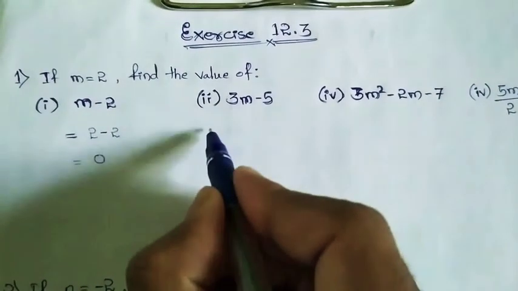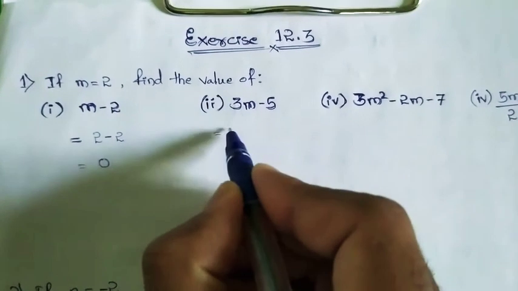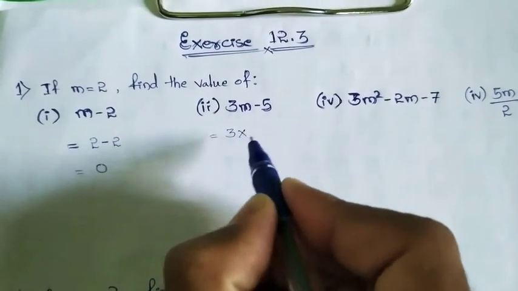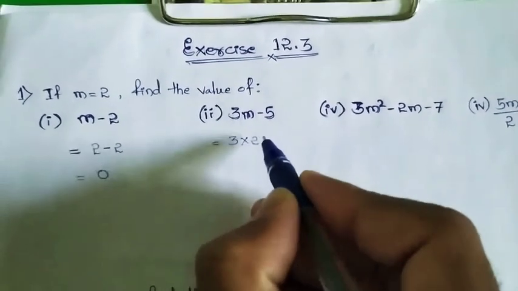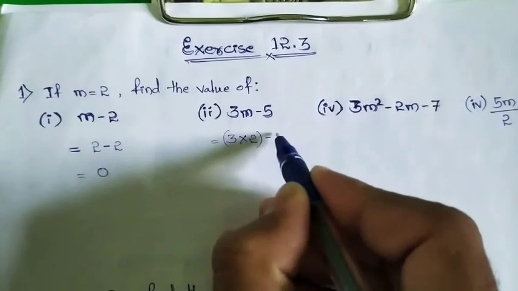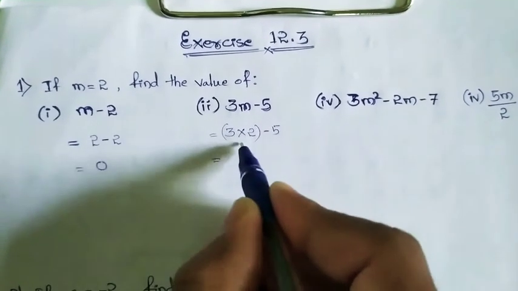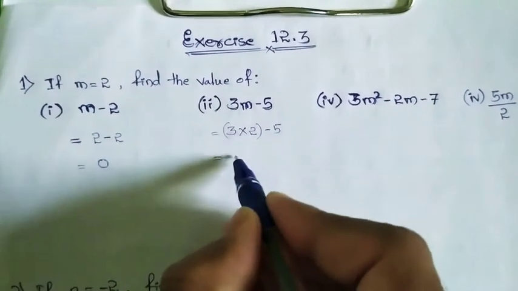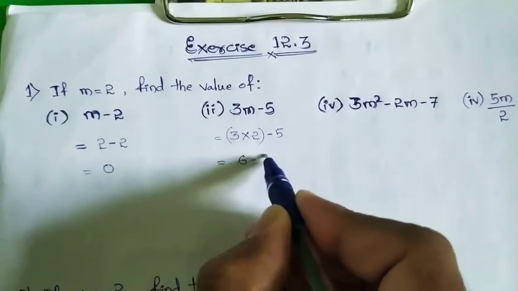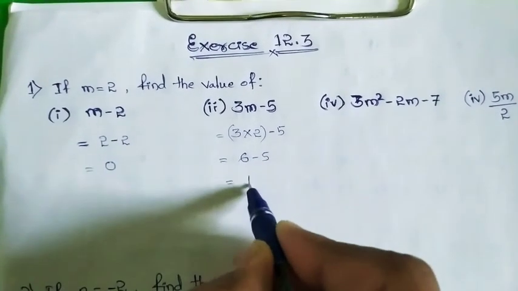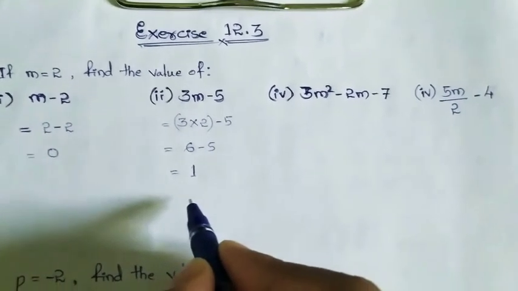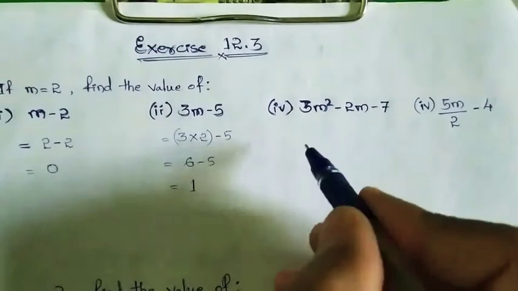Do the second one, 3m minus 5, means 3 into 2 minus 5. First do the multiplication, 3 twos are 6, minus 5. So our answer will be 1. The third one is for your practice.